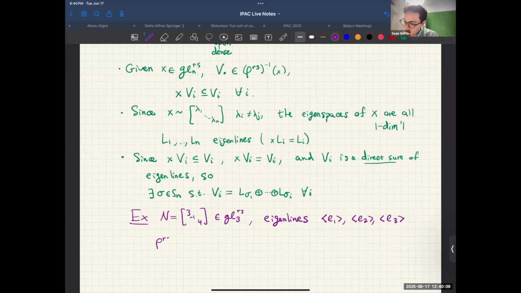And then the fiber over this diagonal matrix is just the set of 3 factorial permutations of those eigenlines.